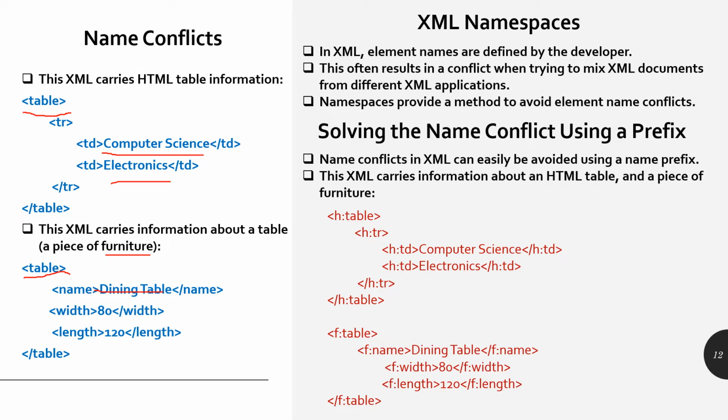So the problem is, if you try to merge these two developers' work, if you want to access the data or process the data, some merging or processing like that, naturally element name conflicts occur.